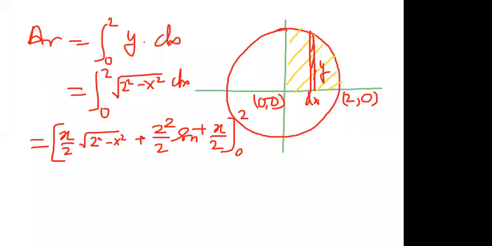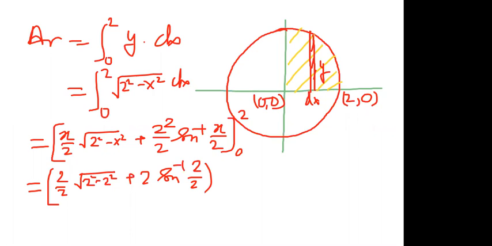Now we are going to simplify it. For simplification, we put in the upper limit, that is 2/2 √(2² − 2²) plus 2 sin⁻¹(2/2), minus the lower limit, 0/2 √(2² − 0²) plus 2 sin⁻¹(0/2).